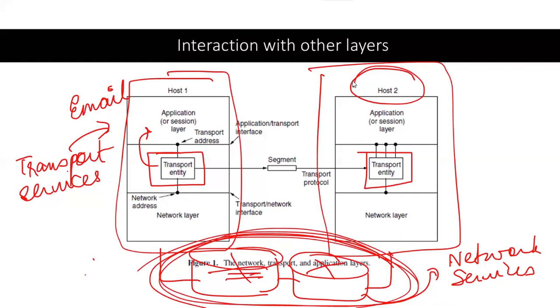That is a guarantee provided by the transport entity: whatever be the condition of the network, if you are sending an email, that email will reach the host, and it will reach it intact.